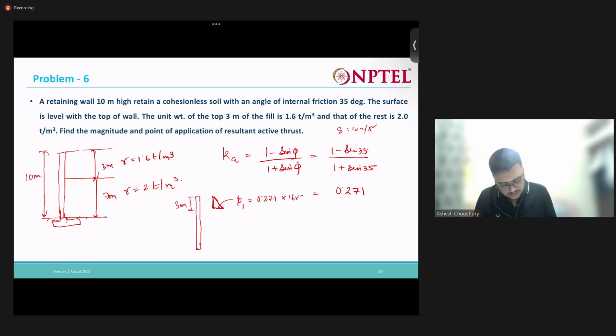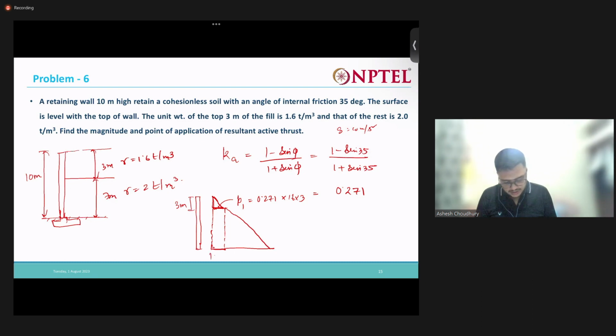Right? So this will be this length. Say we are plotting the pressures in this direction. So this is p1. Now for the bottom layer, this bottom 7 meter, the pressure will be constant here, and the pressure triangle will behave like this.